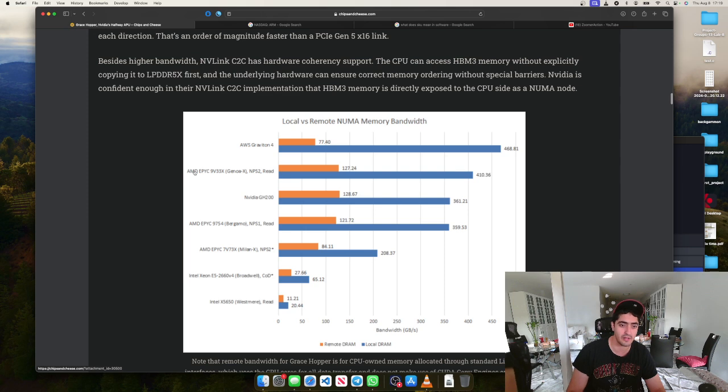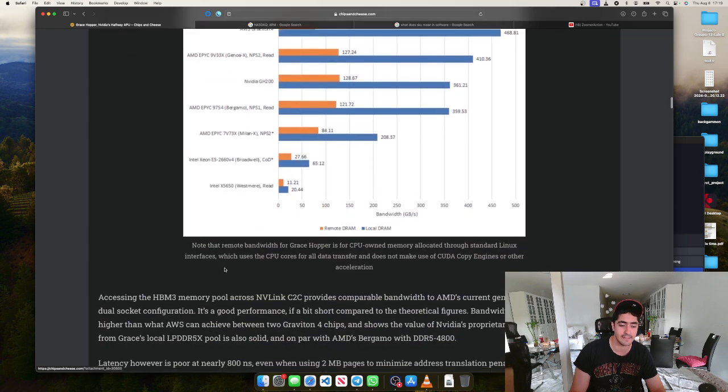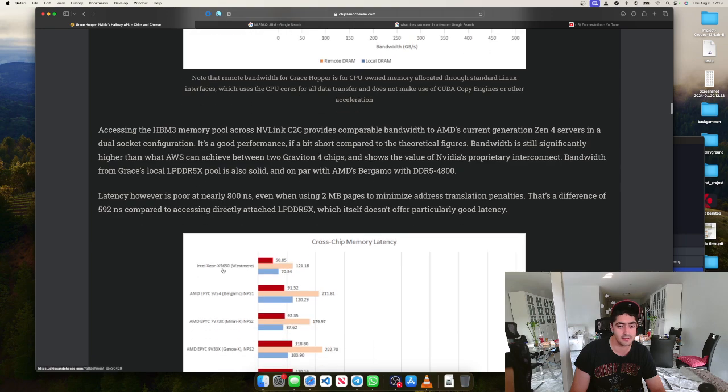So, and then you have your AMD EPYC 9V33X NPS to read, and then you move from that to Nvidia GH200 and the AMD EPYC 9754, and then all of that.